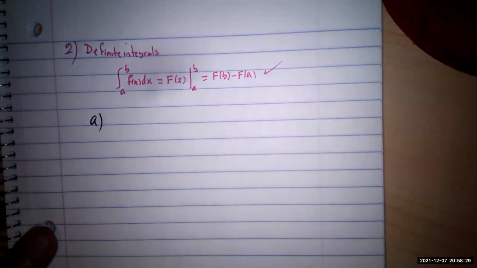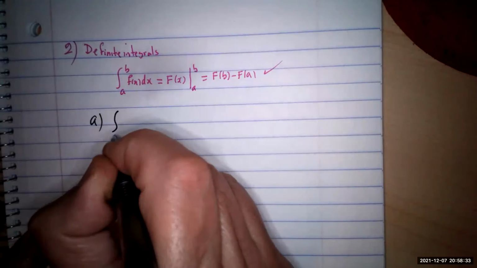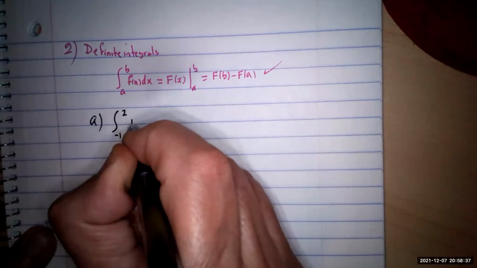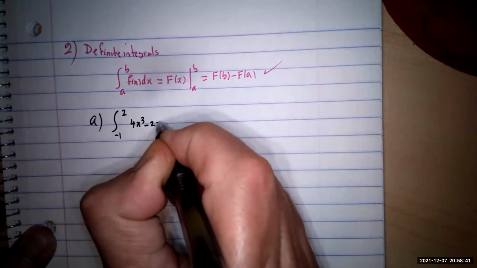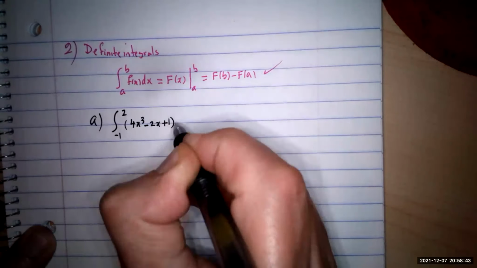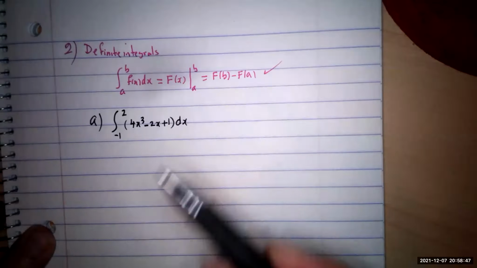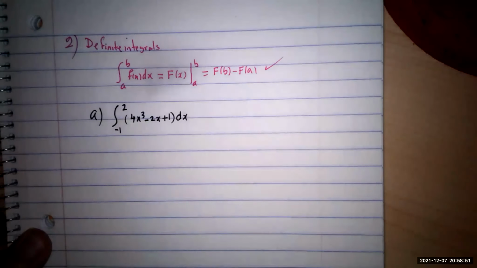We give you 2. Okay, this is one. No substitution is needed. So the integral from -1 to 2 of 4x cubed minus 2x plus 1 dx. As soon as you see the -1 to 2, you realize that this is a definite integral.